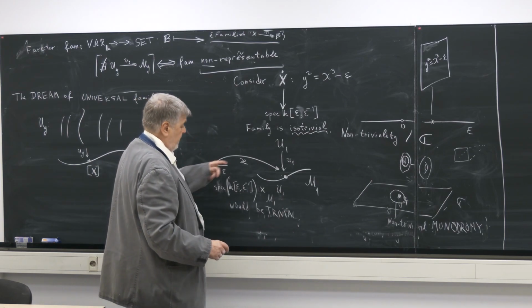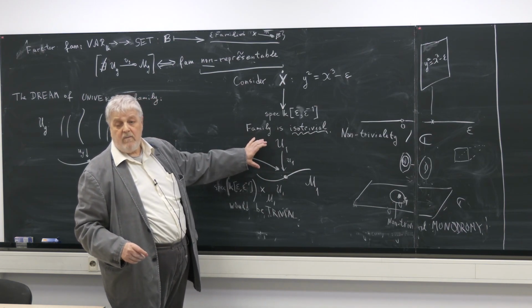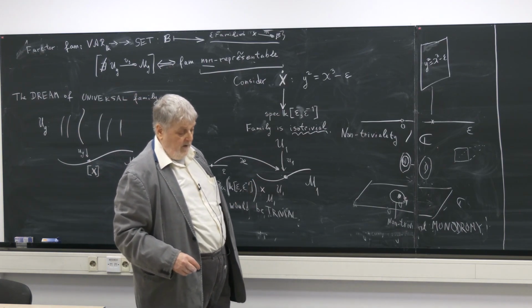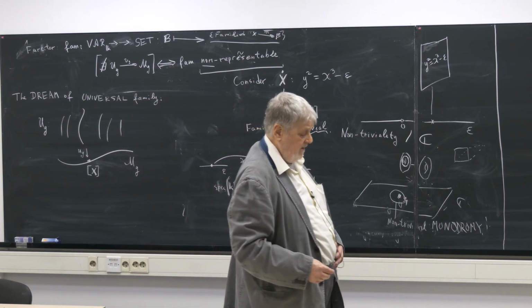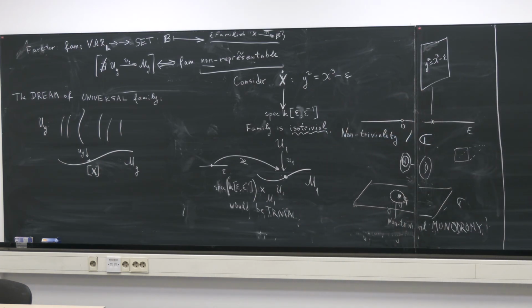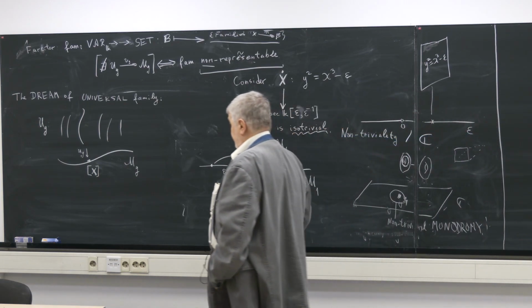The fiber of it would be a pullback of the unique fiber of this family. So this is the reason because of which the universal family does not exist and the functor of families is not representable.